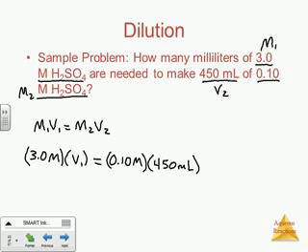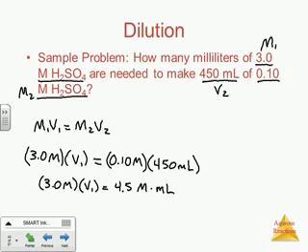So this is what we end up with here. Okay, and so when we work this all out, we've got 3.0 molar times V1 is equal to 4.5, and the units here are molarity times milliliters. Okay, I can't really cancel anything out there because they're different units.